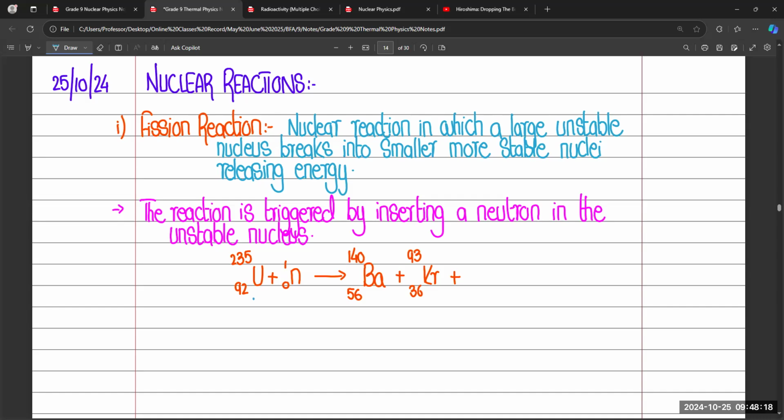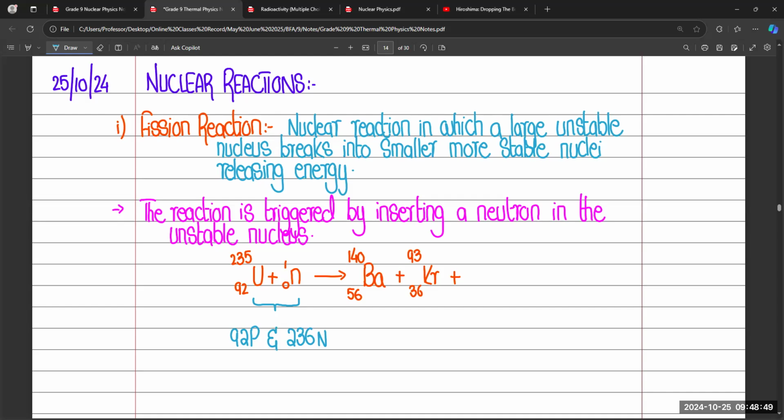If we add them, after their addition we get a total number of protons which is 92, and 235 plus 1, 236 nucleons, right? Like protons plus neutrons.